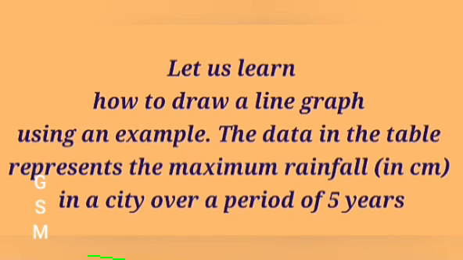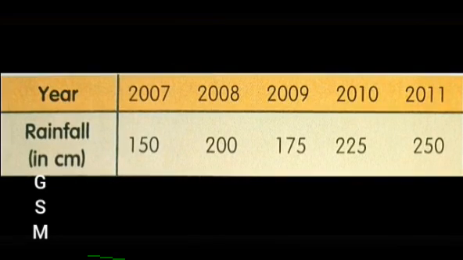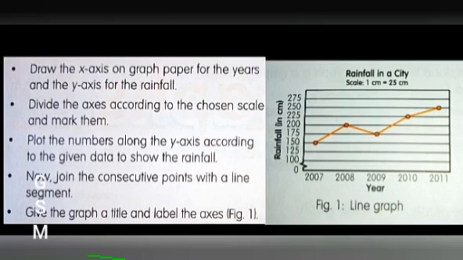Let us learn how to draw a line graph using an example. The data in the table represents the maximum rainfall in centimeters in a city over a period of 5 years. Here is the given data. First, draw the x-axis on graph paper for the years and the y-axis for the rainfall.